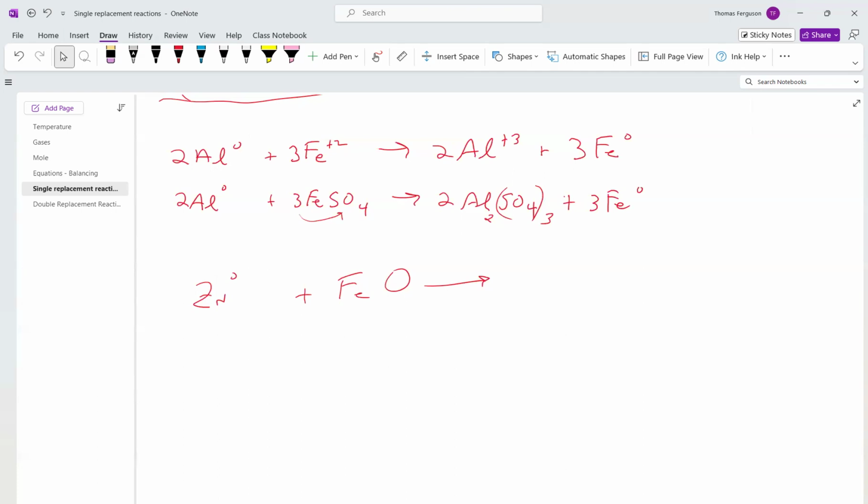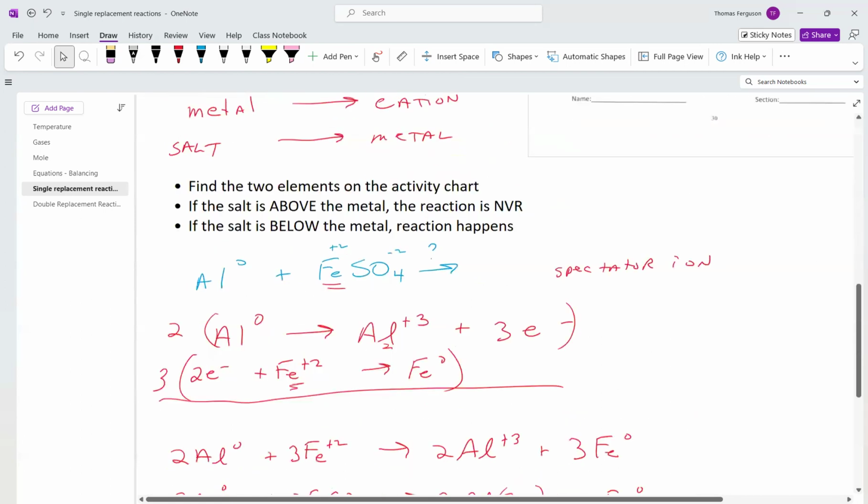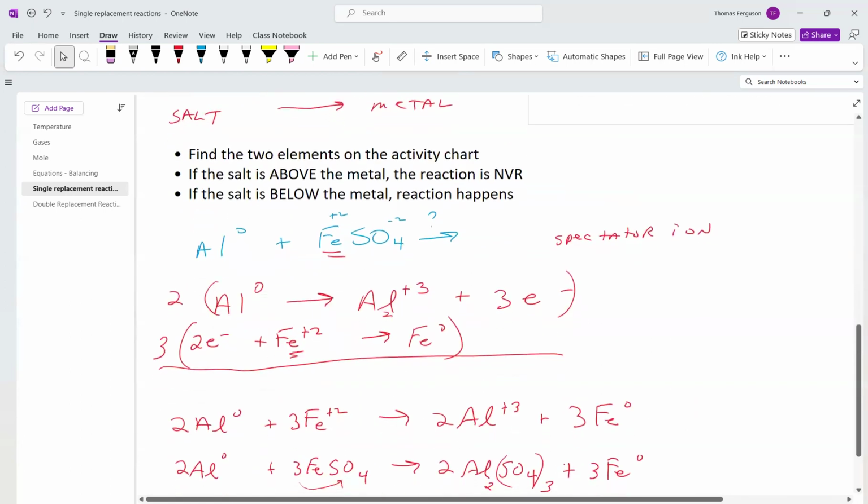So if it's below the metal, what happens? If the salt is above the metal, there's no reaction. So the salt, is it above or below the metal?